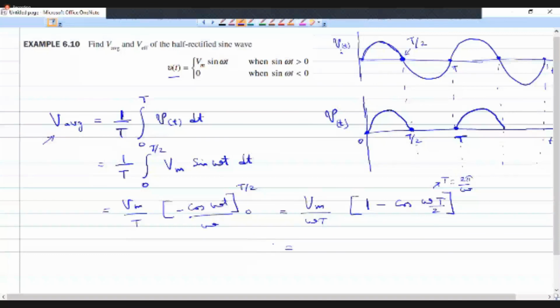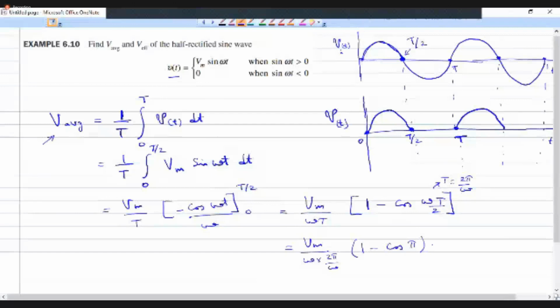So the T by 2 will be pi by omega. So we will have Vm by omega into 2 pi by omega into 1 minus cos of pi. It will be cos of pi inside here.